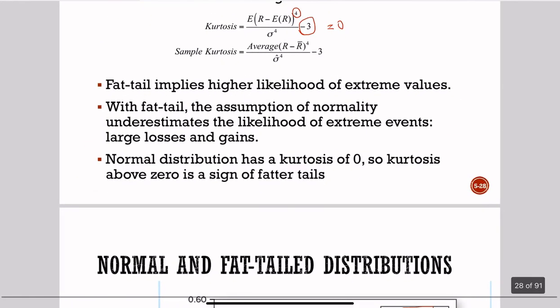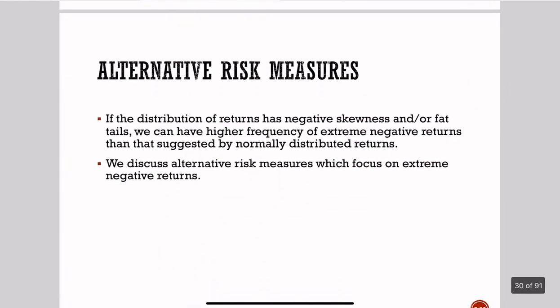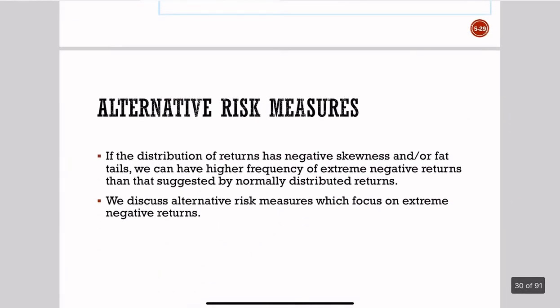And then you can imagine that when you have a fat tail, the assumption of normal distribution will underestimate the likelihood of large losses and large gains. Right? Okay, so this basically means that if returns are asymmetric, and if returns have fat tails, we should think about better or alternative risk measures other than standard deviation, right?